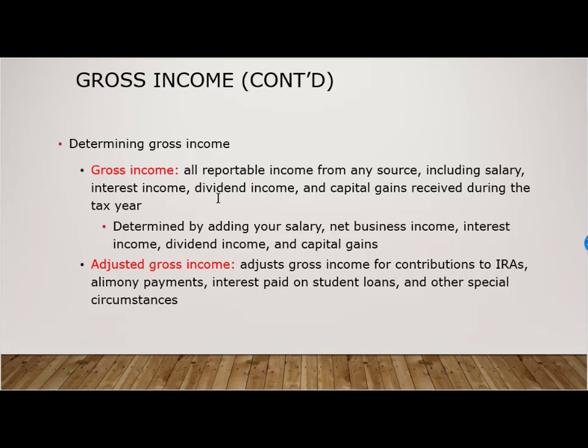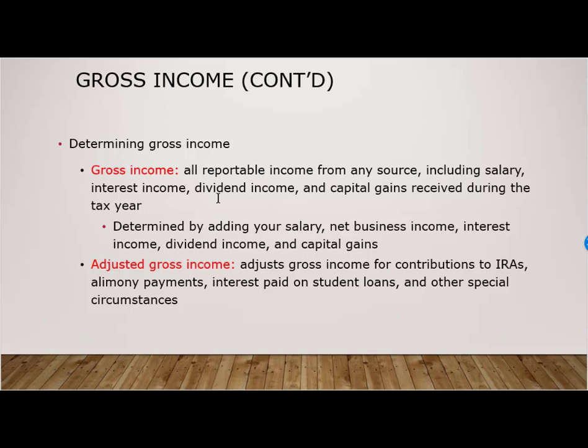To determine your adjusted gross income, you add up all those reportable sources, and then you subtract out or adjust for some items. If you contribute to an IRA, if you make alimony payments, interest that's paid on student loans, and some other special categories of interest.